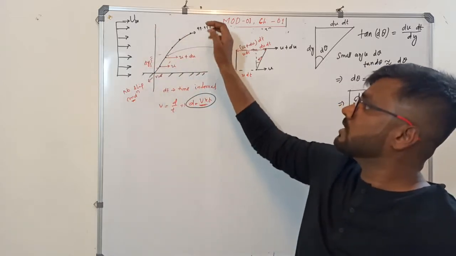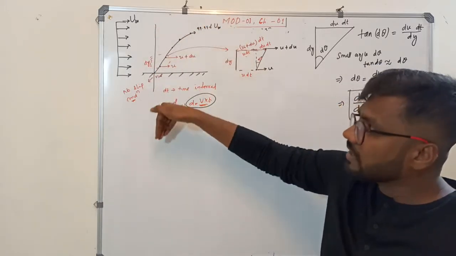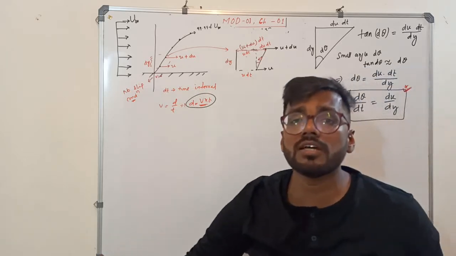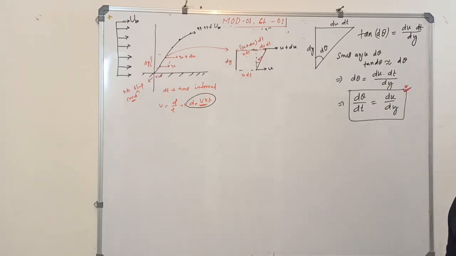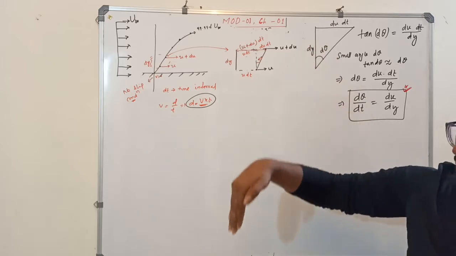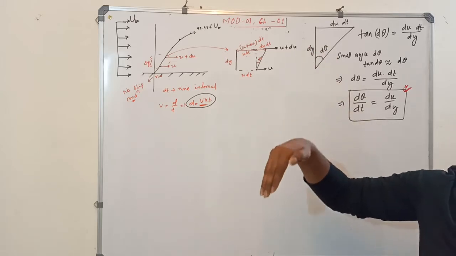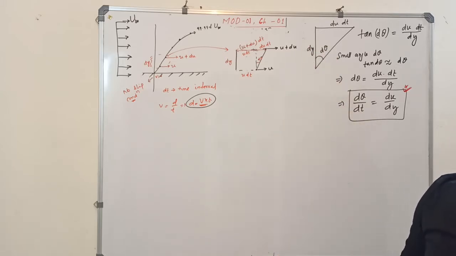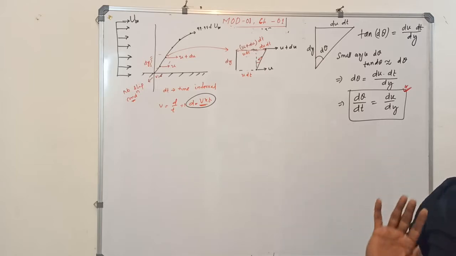Here the velocity is maximum, and as the depth increases the velocity decreases, and velocity becomes zero at the surface of the boundary itself. So as your depth of immersion is increasing, your velocity is changing.